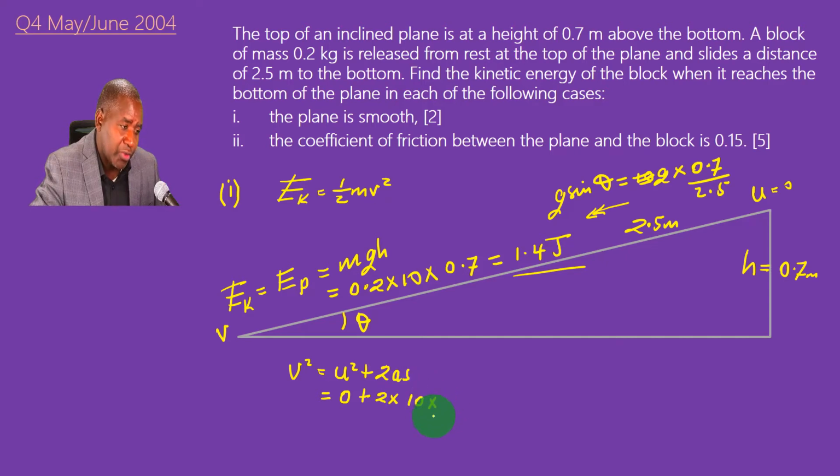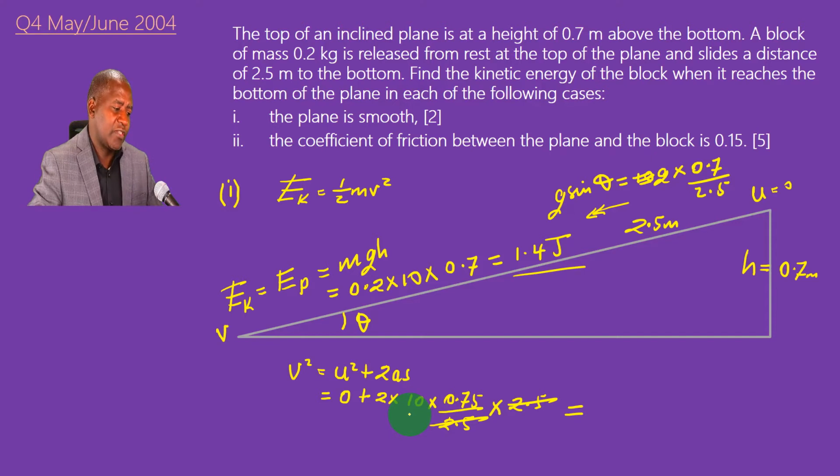I mean, the acceleration will be equal to 10 times 0.7 over 2.5, times 2.5. If you have that one cancelling out, you're going to have this value here. So let's see what v squared gives us. It gives us 20. We multiply by 0.75 and we get 15.